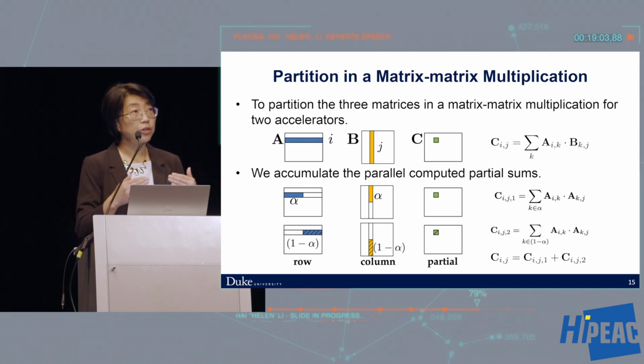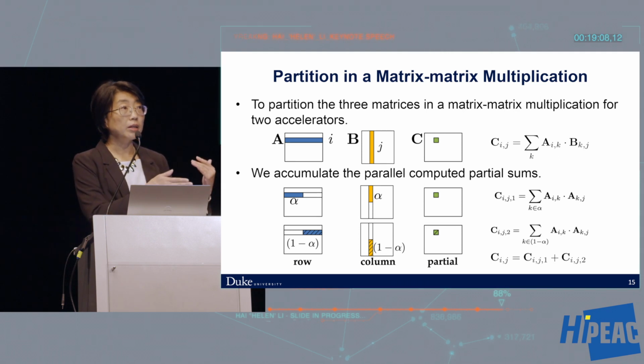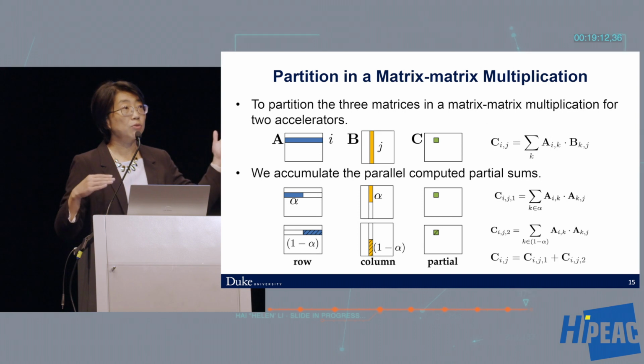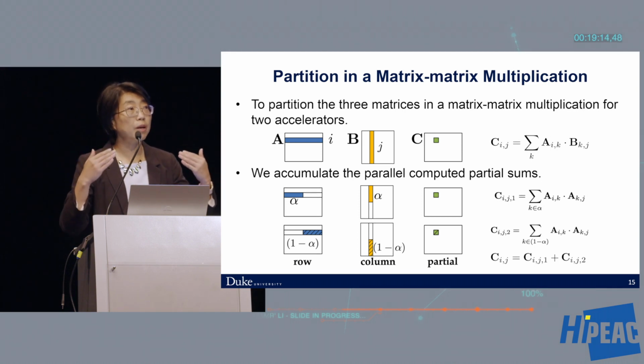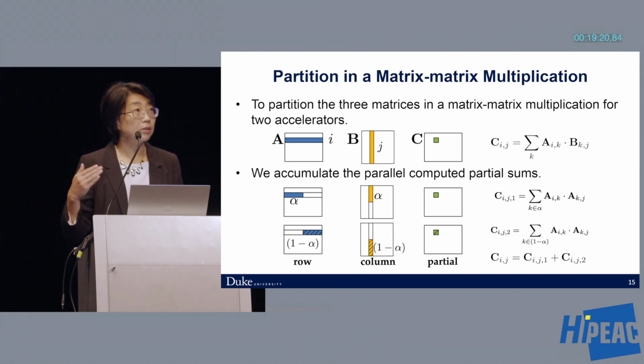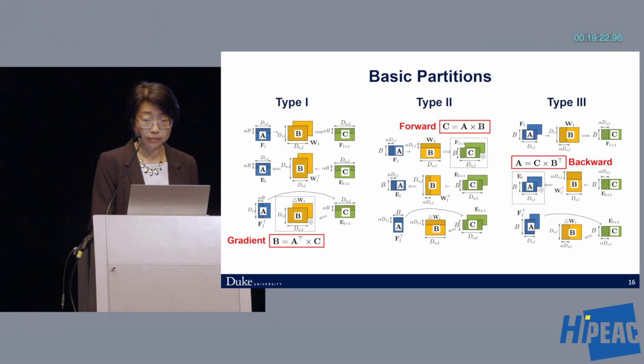When we partition on 2 accelerators, it cuts A and B in the middle. As illustrated, we have 2 separate operations, and each of them produces a partial sum. Then at the end, we need to sum them up.